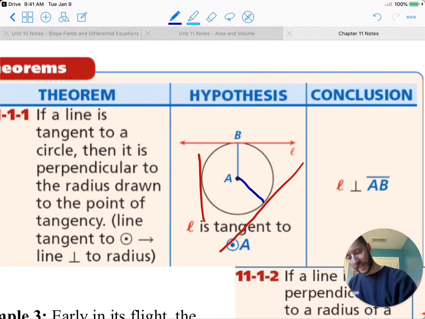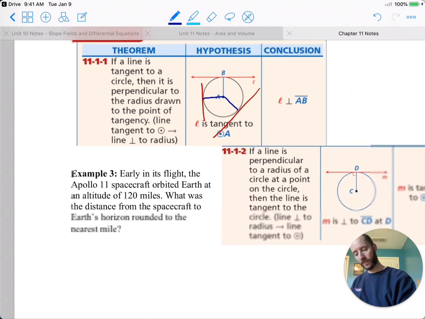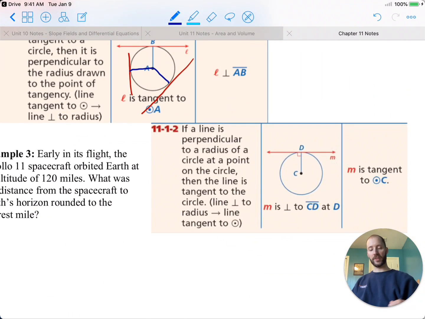And if you draw a radius out to it, they're going to be perpendicular. And then the converse, if a line is perpendicular to a radius, so you already have that property of perpendicularity. That's a word? I don't know. If the lines are already perpendicular, one's a radius, you know the other is a tangent line.